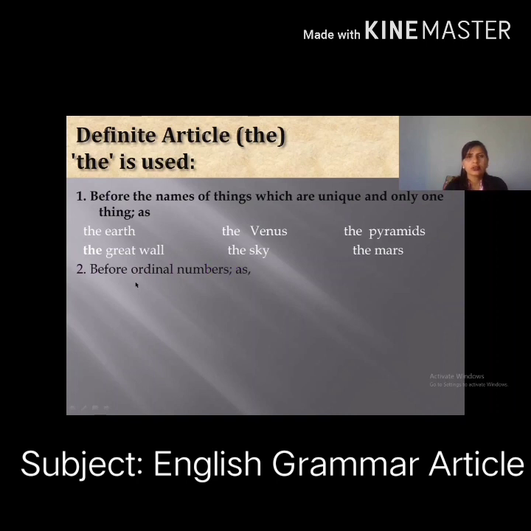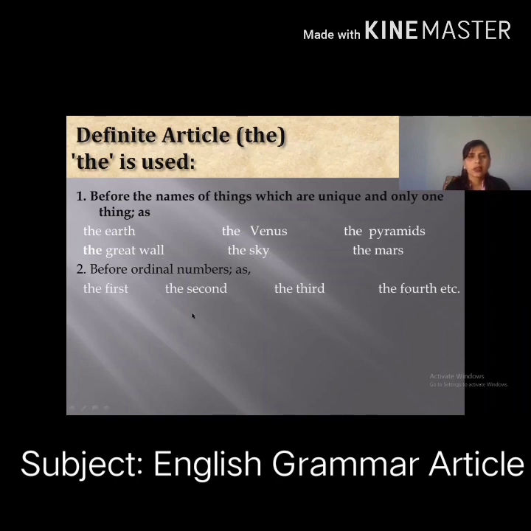The is used before ordinal numbers. Ordinal numbers, for example, first, second, third, fourth, fifth, 20s, 60s, etc. Before an ordinal number, we have to write article the and say the first, the second, the third, the fourth, the 20s, the 90s, etc.